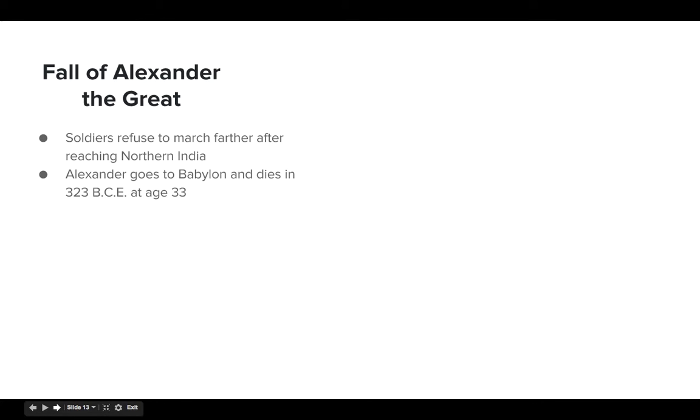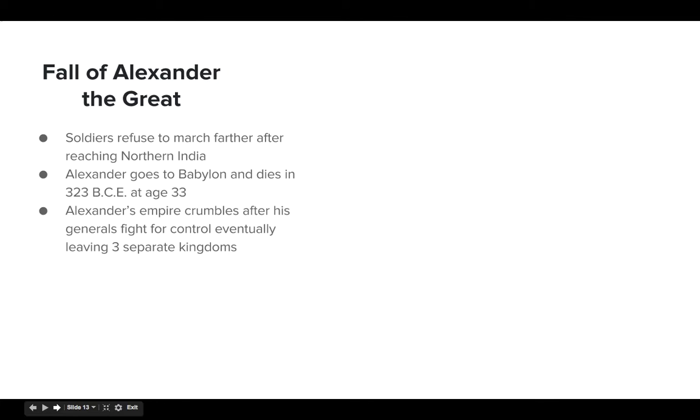Now, it takes about a year. He ends up going to Babylon in 323 BCE, where ultimately Alexander dies at the age of 33. There's a lot of controversy surrounding his death in terms of how he died, but maybe history still needs to be written on this one, and we'll see once what the scholars have to say about that.